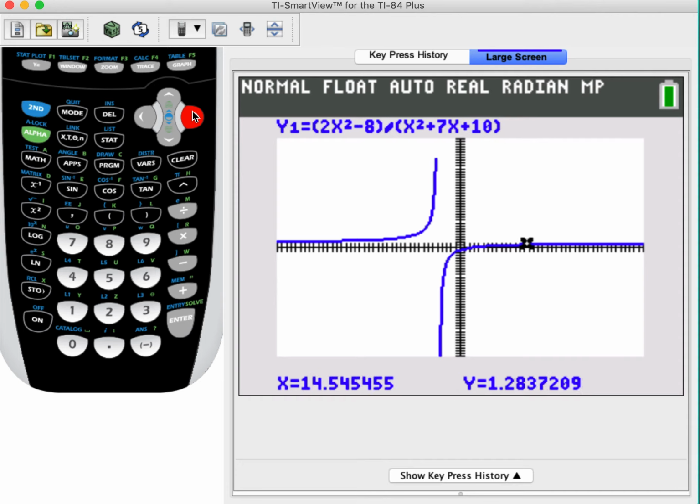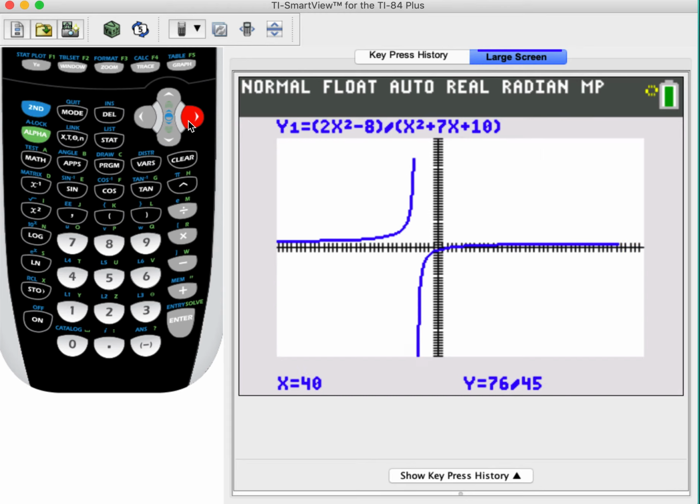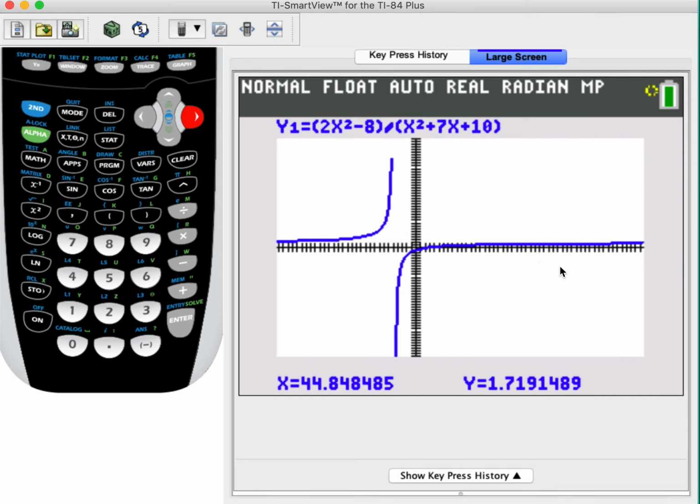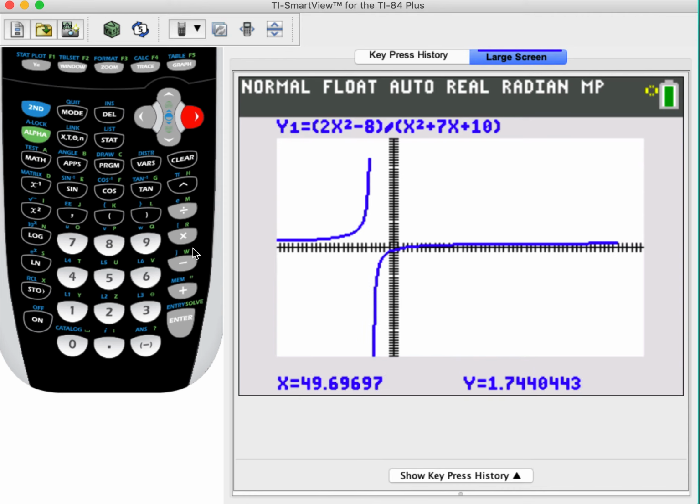I go all the way to the right and continue to hold this, and you guys should be able to see the y values get closer and closer to 2, but it's going to take a while, and my calculator is just running super slow today. You'll be able to see that it approaches 2. You could also have checked it going to the left-hand side.